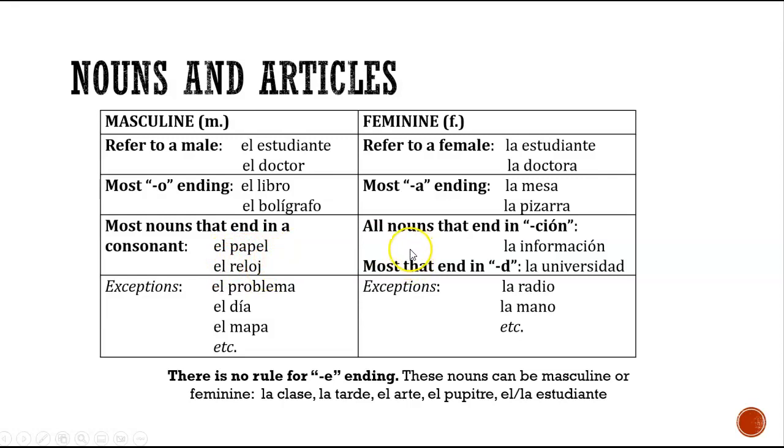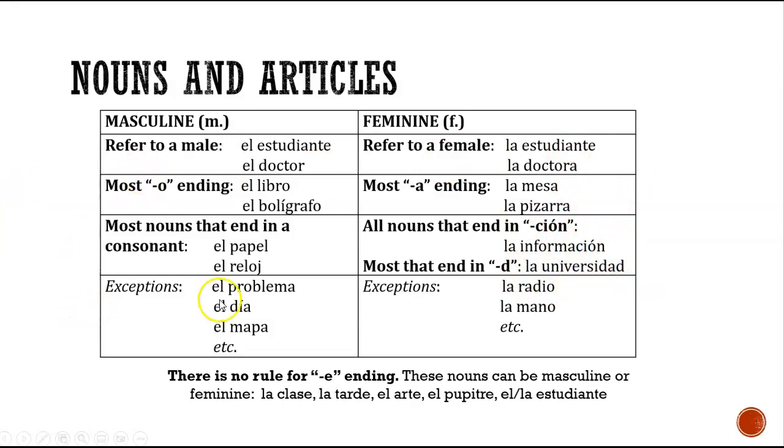But most D-ending nouns are feminine. So words that end in ción are always feminine. Look at that. That's the first time we see all. La información, for example. La universidad would be feminine also.